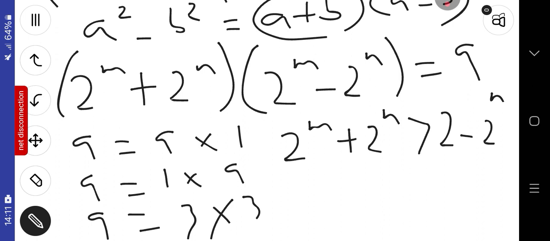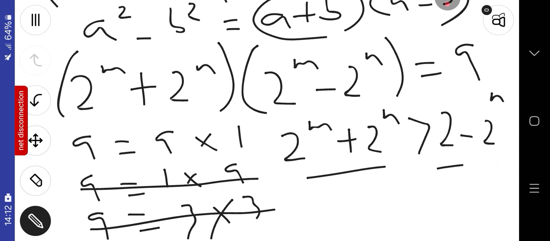Now let's continue. If that is the case, then 1 times 9 will not hold, since the result of the first part and the result of the second part would be equal, so 3 times 3 will not hold. This will also not hold, because the result of the first part should be greater than the second part.